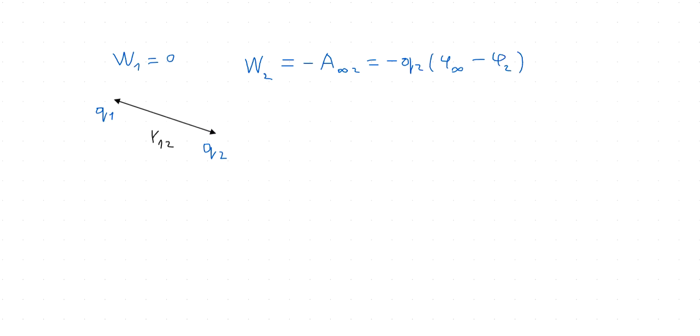So Phi2 is the electrostatic potential of charge Q1 in the point where charge Q2 is present.